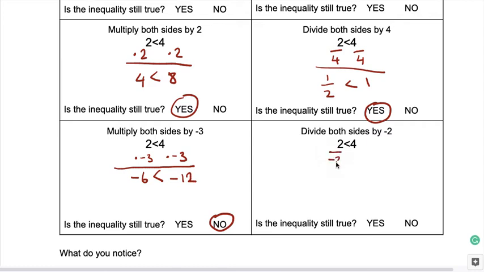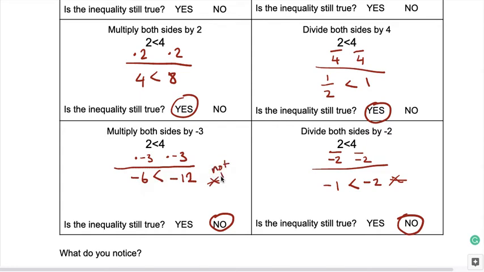If we divide by -2, -2 divided by -2 is -1. 4 divided by -2 is -2. And notice, not true anymore. We actually have to do something. We have to change this sign.